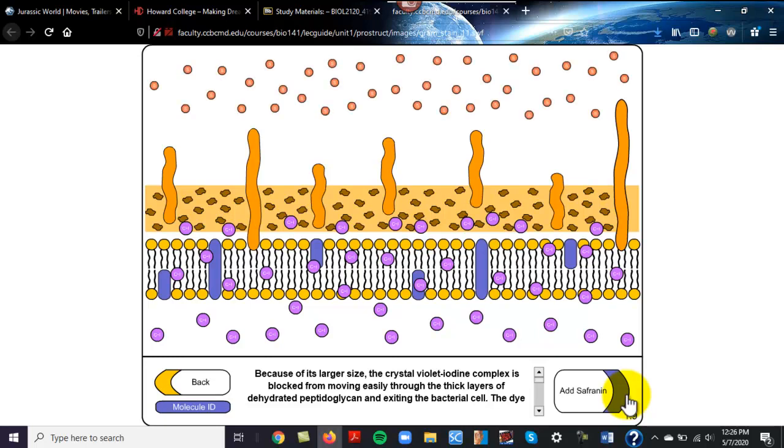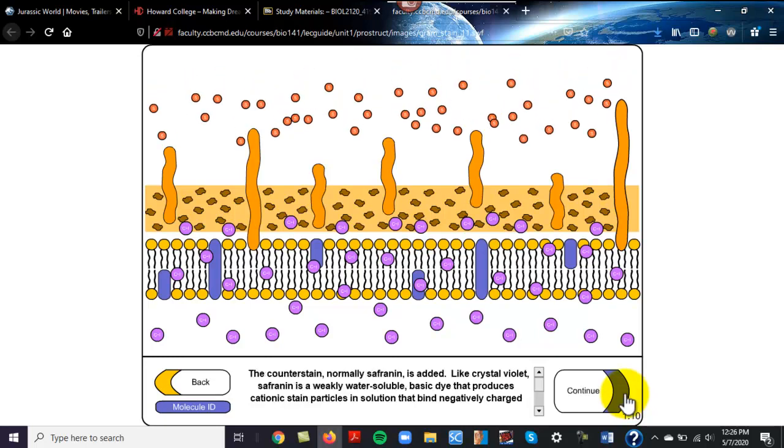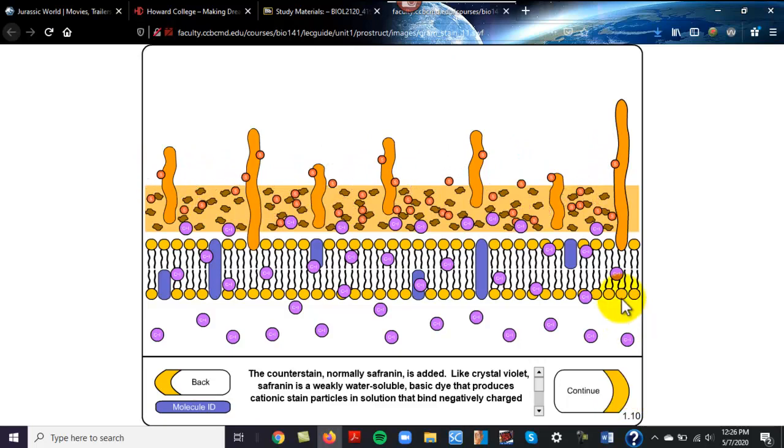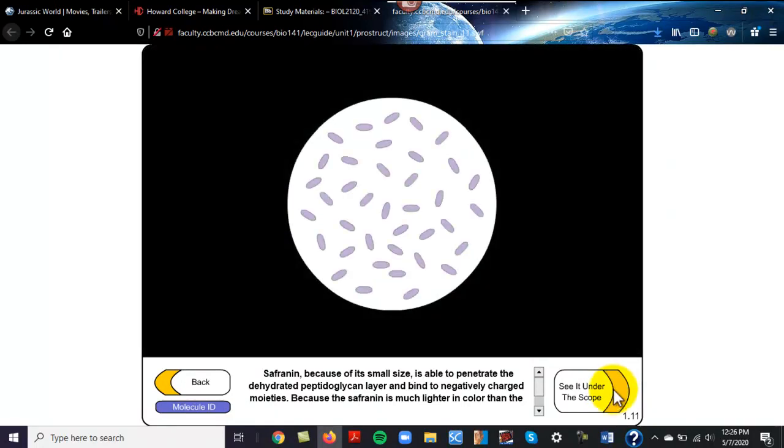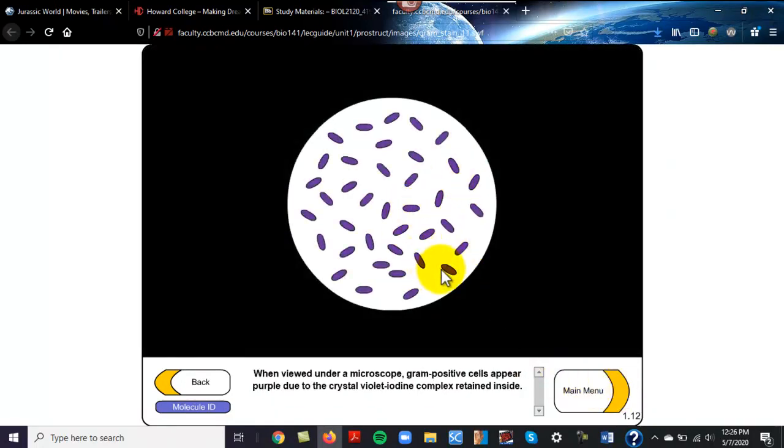Now, when you add safranin, see, watch, we're going to add it. See, it's not able to get across the membrane. Okay, and then you see it actually stops here because this layer and the cell membrane are not disrupted. And it says here to look at them under a microscope. So there we go. There's the gram positive, what you would see.